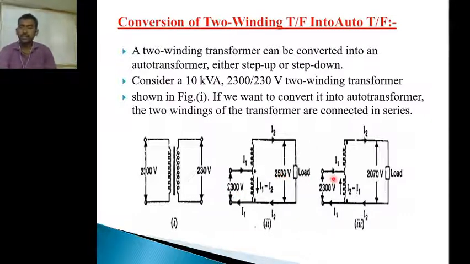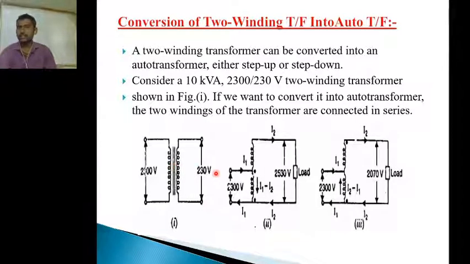Similarly, if you use the subtractive polarity, then the voltage will be stepped down. 2300 minus 230 gives 2070 volts. In this manner, by using a single two winding transformer, we can make it either a step up auto transformer or a step down auto transformer.